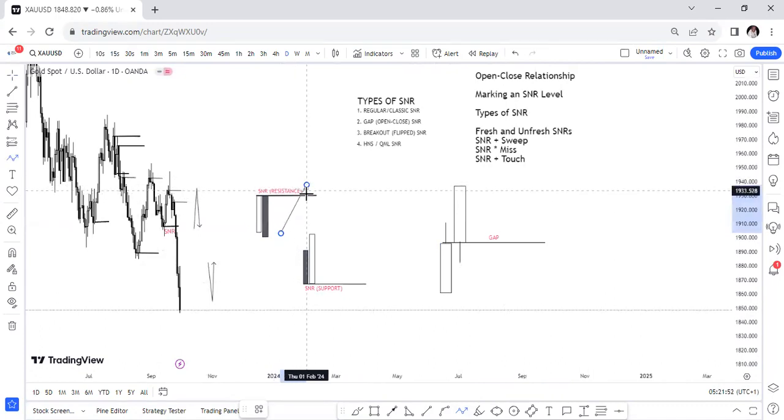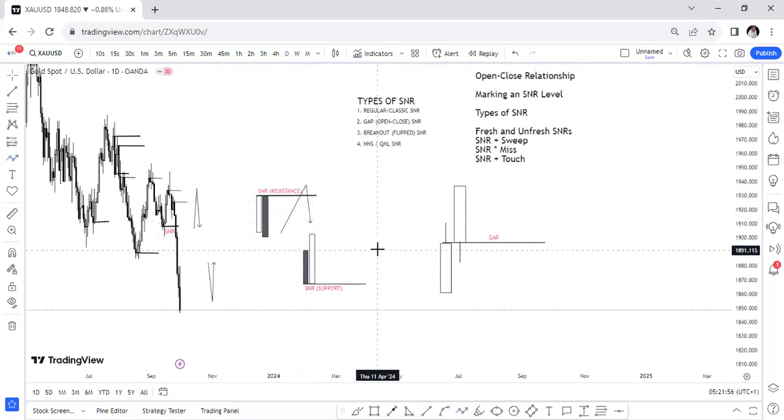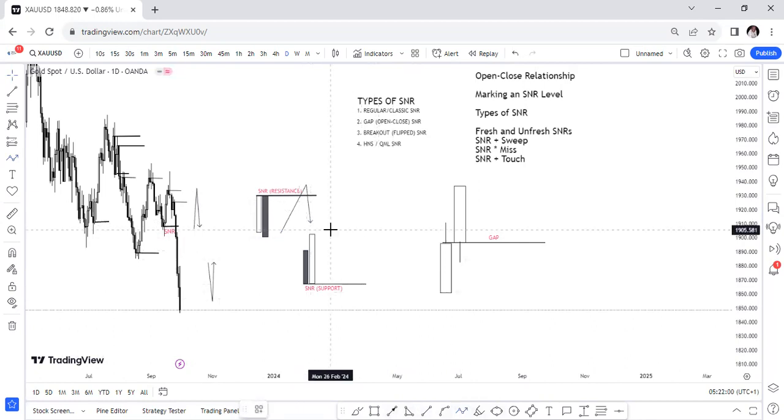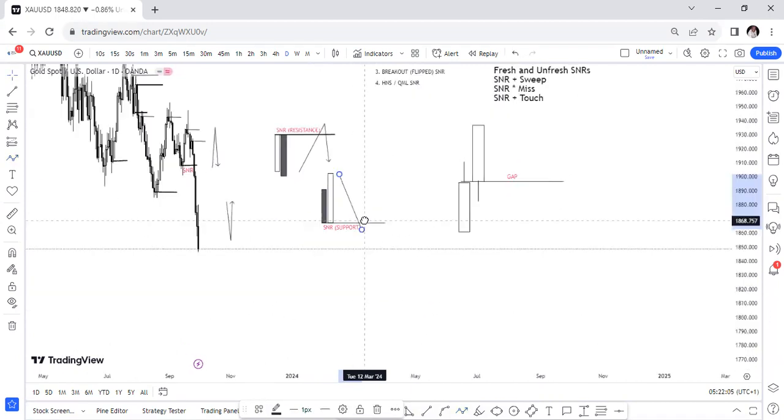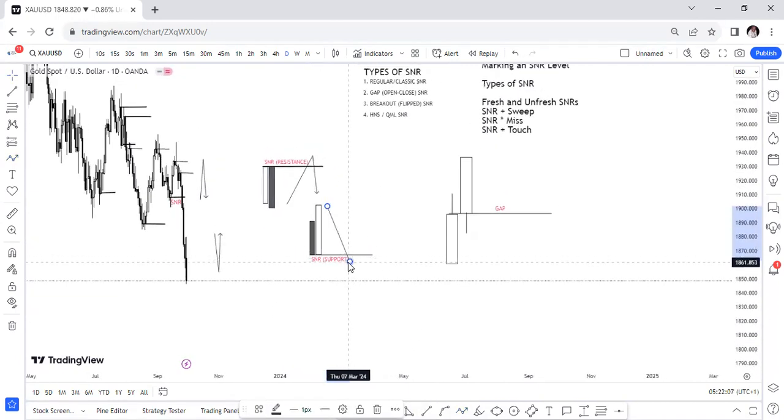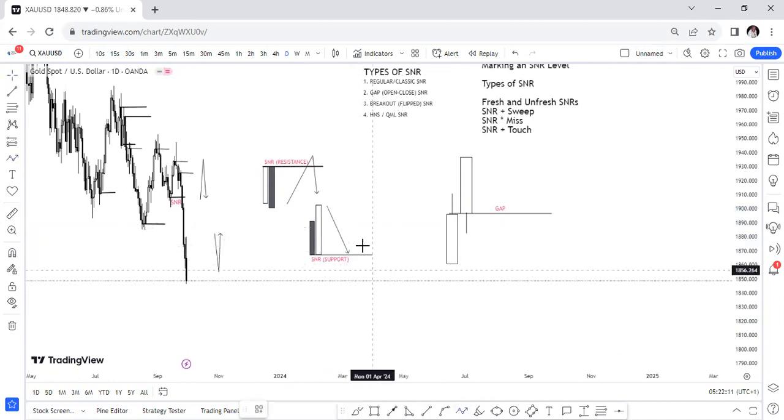Price must come into that zone and withdraw back downward in order to sell. In order to buy, price must tap into the zone and withdraw back to close higher.